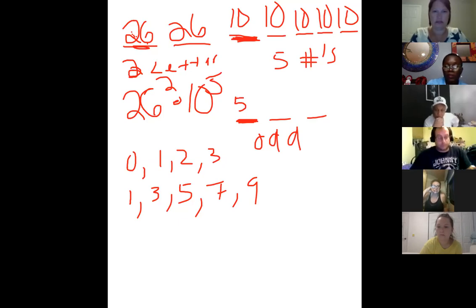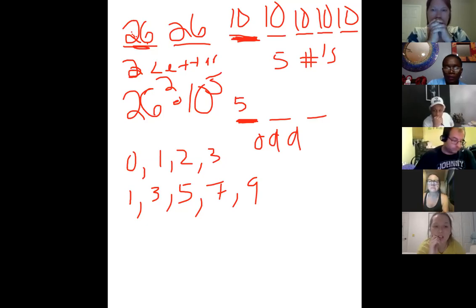How many choices? 5. 10. Why 10? It should go all the way up to 9. Yeah, but they're asking for odd numbers. Is yours also asking for odd numbers? Mine is asking for even.